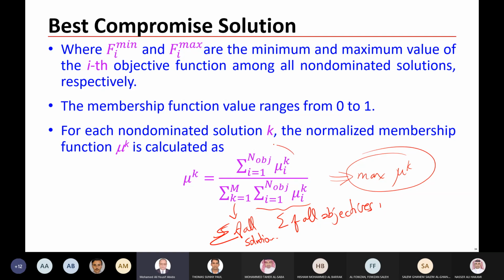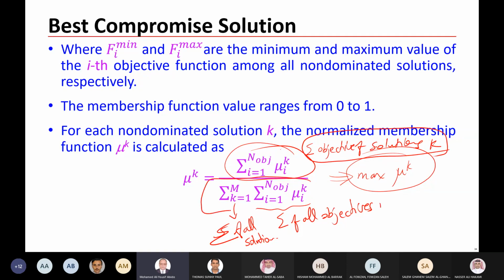And you are weighting this solution, a specific solution, where you have here a sum of objectives of solution K. This is the summation of the objectives of a certain solution over the summation of all the objectives. This summation of all is constant for all solutions.